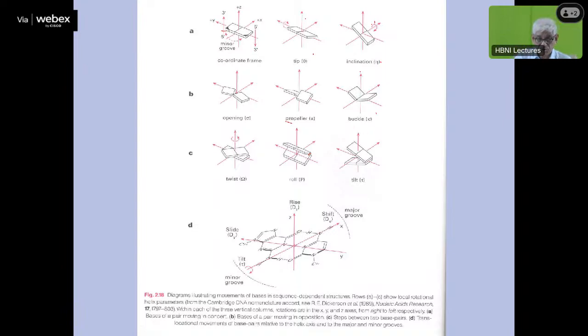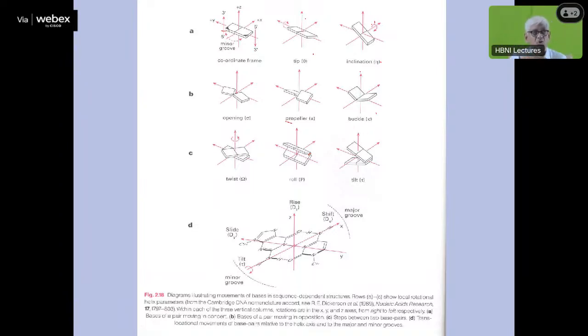Okay, so therefore, what are the parameters here? With respect to the individual base pair, how are they displaced with respect to the two axes, the XY coordinates, okay, and within the base pair, whether they are in the same plane or separated with respect to one another, that defines one set of parameters.